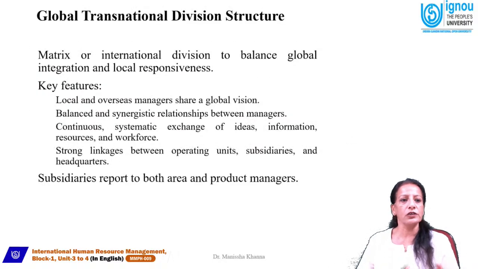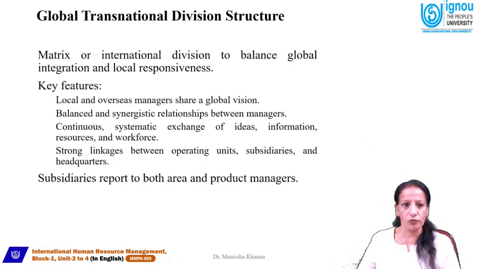Transnational division structure is a matrix or international division to balance integration and local responsiveness, where the local and overseas managers share the global vision. They balance and synergize the relationship between the managers. The continuous and systematic exchange of ideas is there.